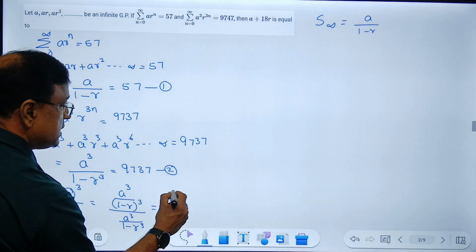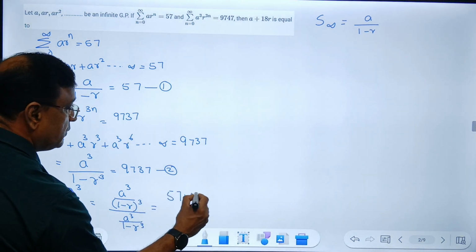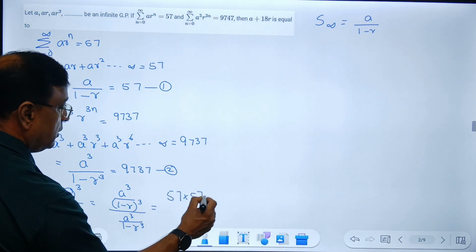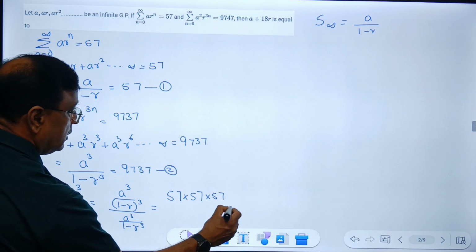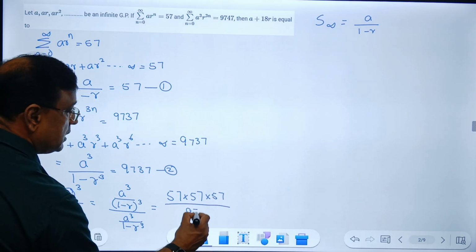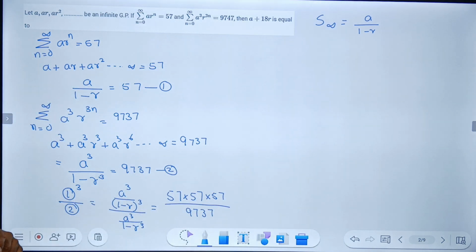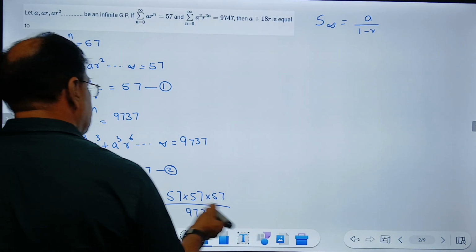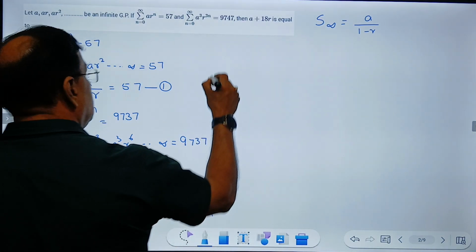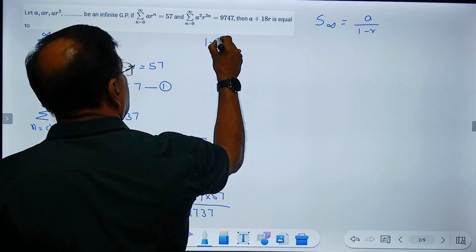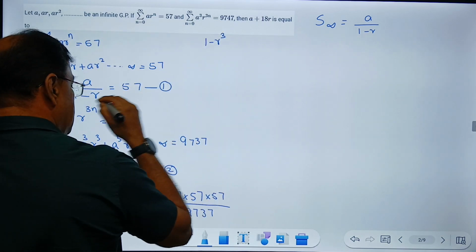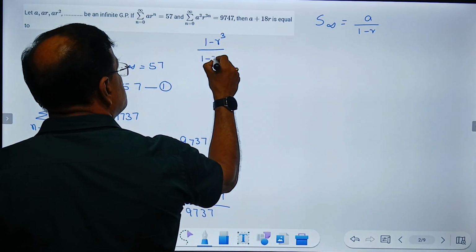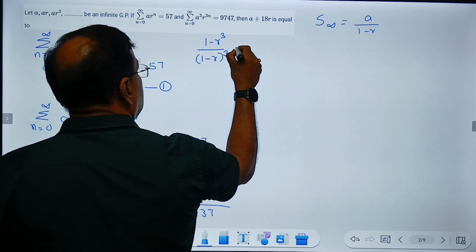It is 57 into 57 into 57 divided by 9747. I don't want to waste my time in dividing. You can divide it. So you get 1 minus R cube divided by 1 minus R the whole cube equal to 19.